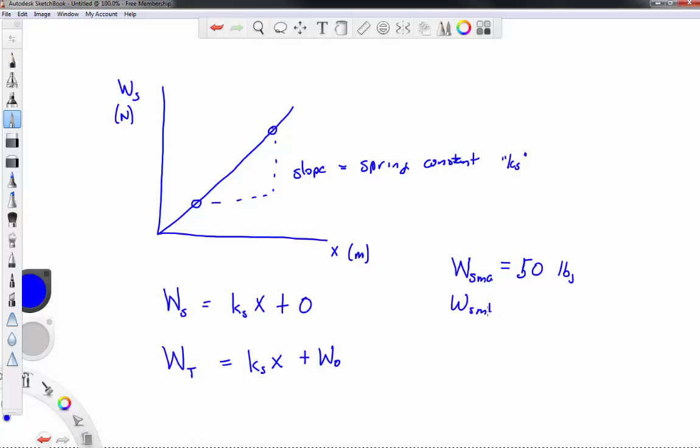W max for B is equal to 100 pounds. And X max for A and X max for B are the same.